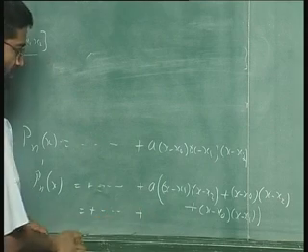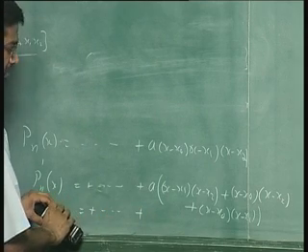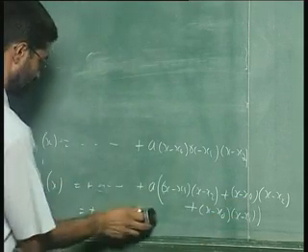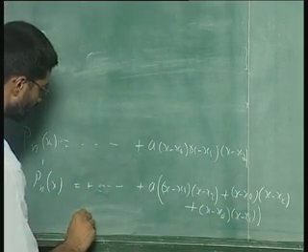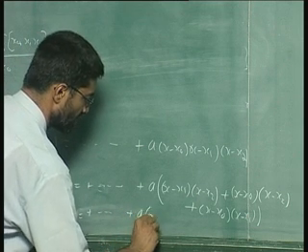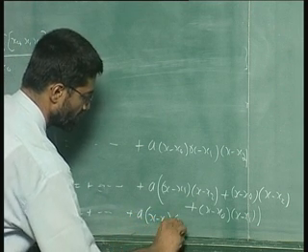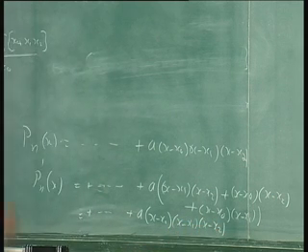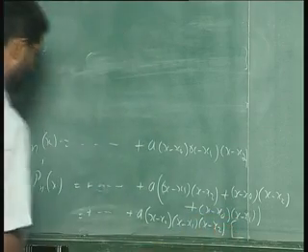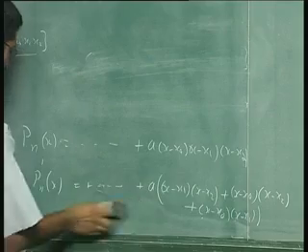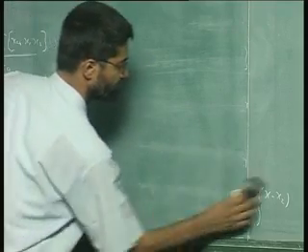Okay, so I will write this particular term as, so we will write a into x minus x 0 into x minus x 1 into x minus x 2. Okay, we will write it like that, and then we will write it as a sum. So let me write this again.